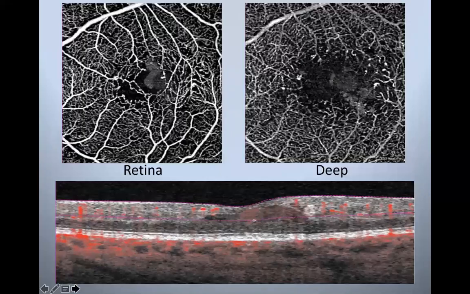But if you had OCT-A, you can do similar scans and see these microaneurysmal changes. You can see some impaired perfusion around here, and you can see this little cloud here that indicates there's edema. And of course, that corresponds to this little red cloud down here on the OCT B-scan. Now, remember when I said that the superficial retinal vasculature is separate from the deep retinal plexus?